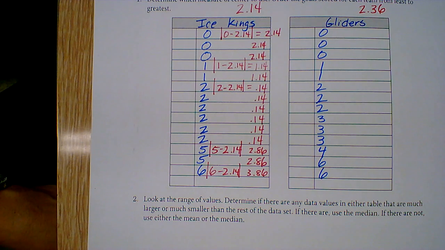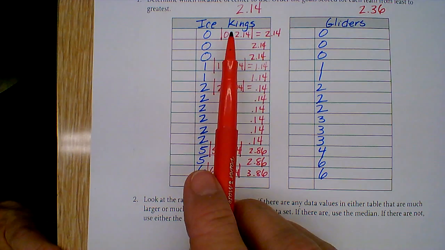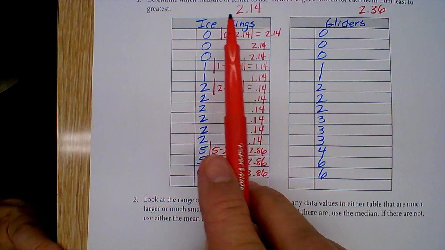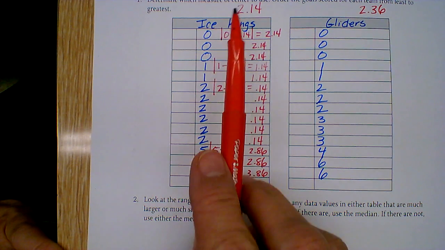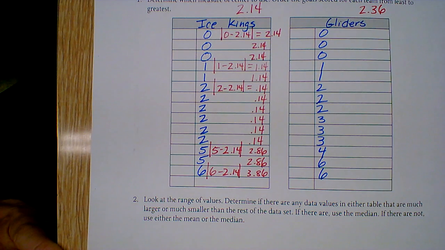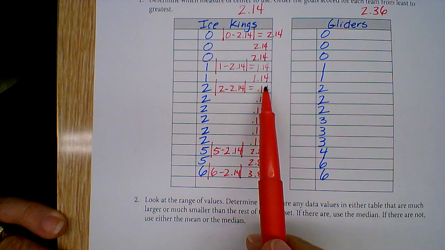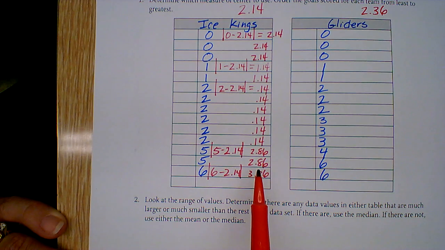So again, we are finding the mean absolute deviation, which means the absolute value of the data point minus the mean that we have already found. Now we can sum all of these and find the mean absolute deviation. Basically we're finding the mean of all of these absolute deviations.